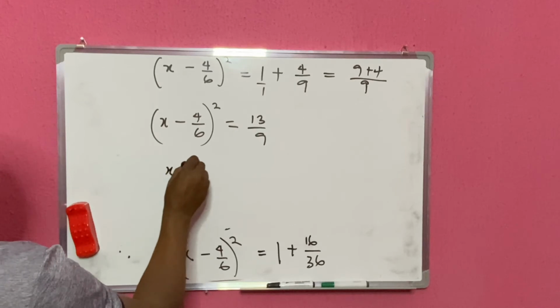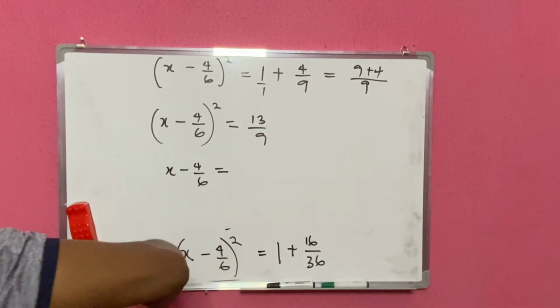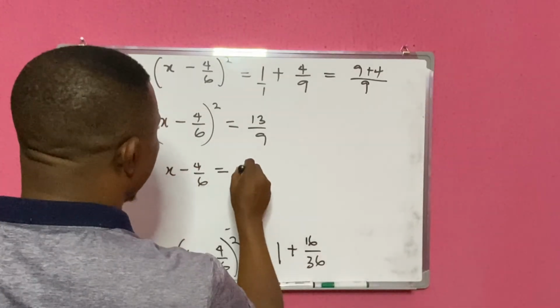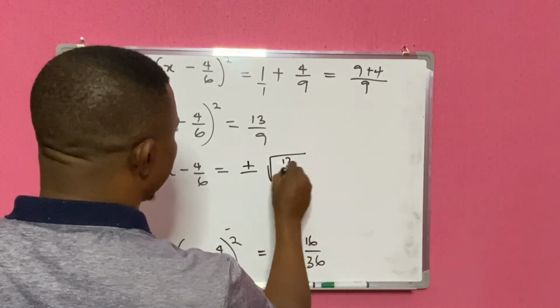x minus 4 over 6 is equal to, when you move the square across the equality sign, it becomes plus or minus square root of 13 over 9.